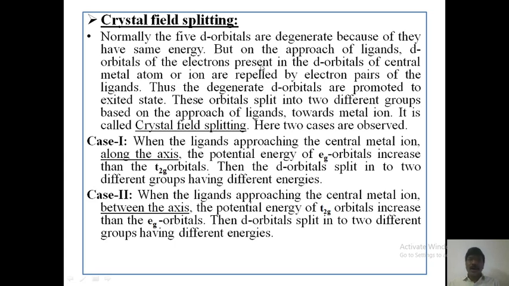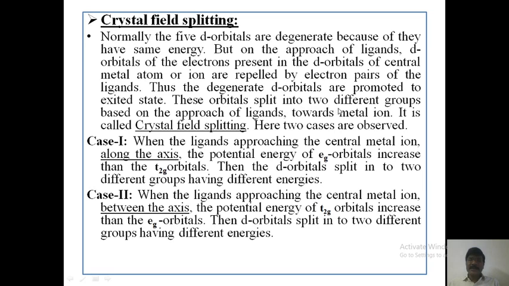But on the approach of ligands, the electrons present in the d orbitals of the central metal atom or ion are repelled by the electron pairs of the ligands. Thus, the degenerate d orbitals are promoted to an excited state.